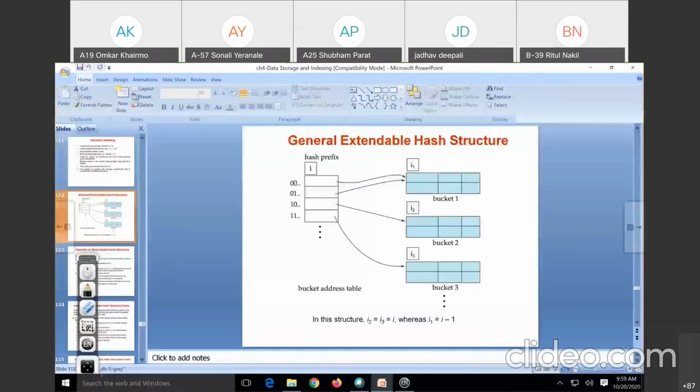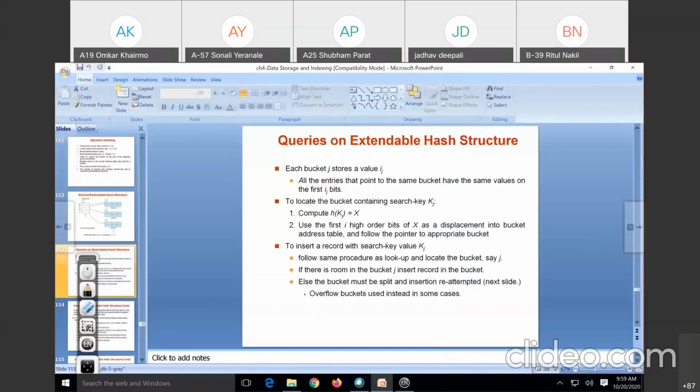If we want to insert a record with the search key value kj, follow the same procedure. Compute h of kj, it gives some hash value. If i is equal to 2, the first 2 bits are considered. Follow the pointer to locate the bucket.